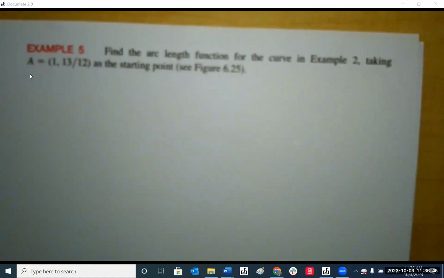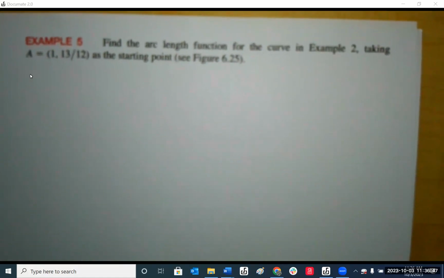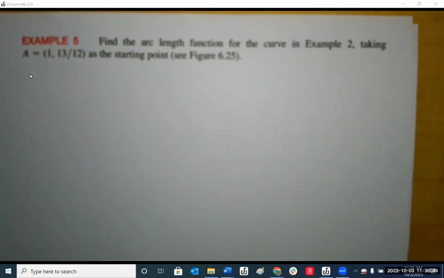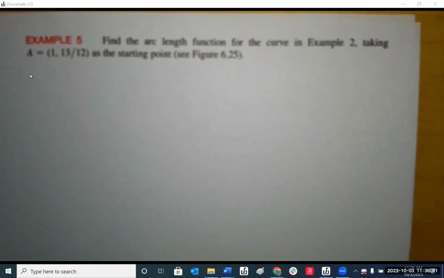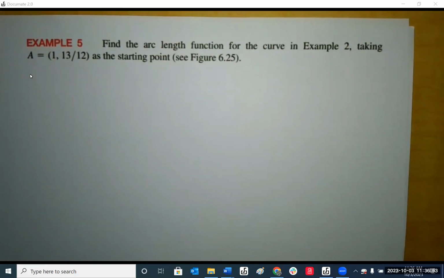Actually, let's go ahead and do one more example. Let's try to play with this one. Find the arc length of the curve in example 2. What was example 2?